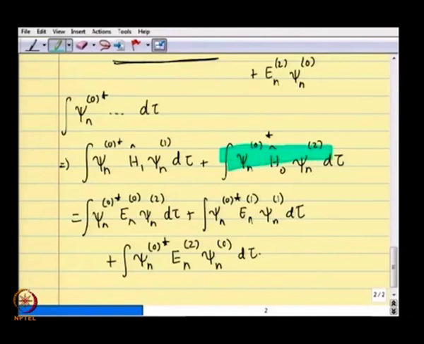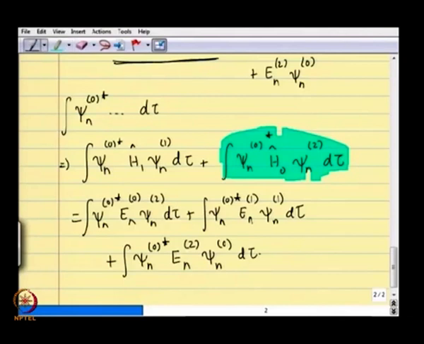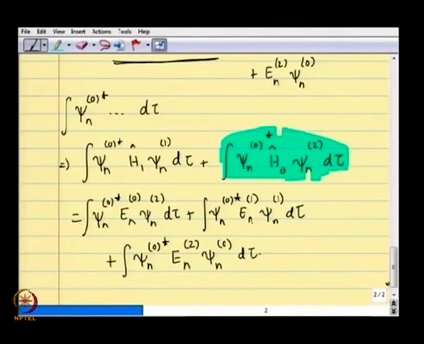Let us look at this term. You see that H naught acts on the wave function psi n 2, which we still do not know, since we only know the first order correction to the wave function. Therefore, H naught can also act on the wave function on the left hand side. Being a Hermitian Hamiltonian, it gives you the eigenvalue corresponding to the psi n 0 star, which is also E n 0. Therefore, you can write this term as E n 0 followed by the integral psi n 0 star psi n 2 d tau.